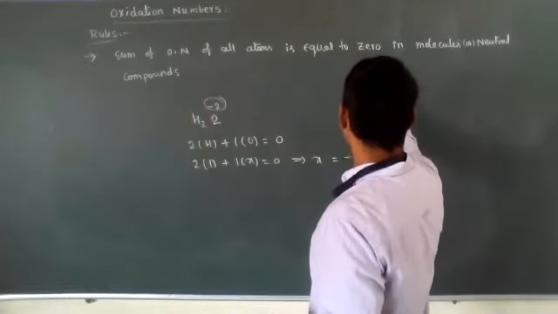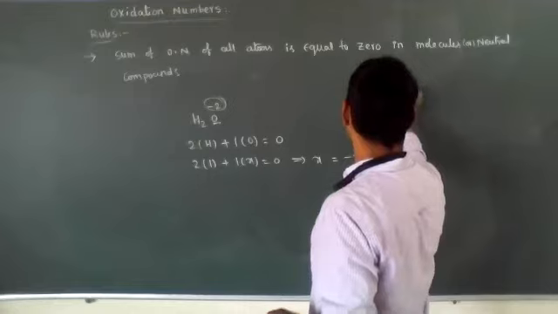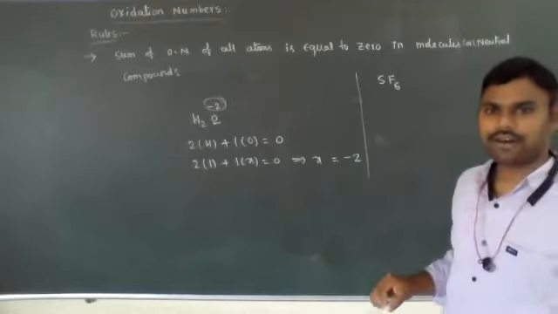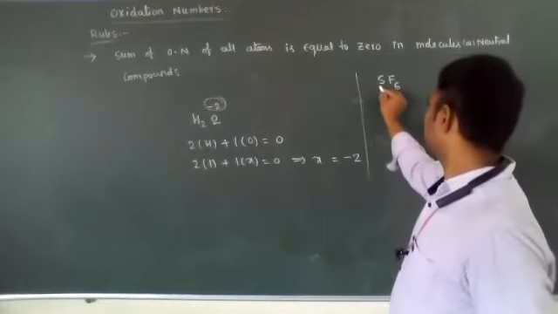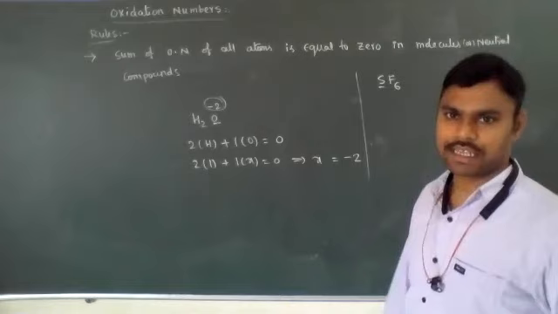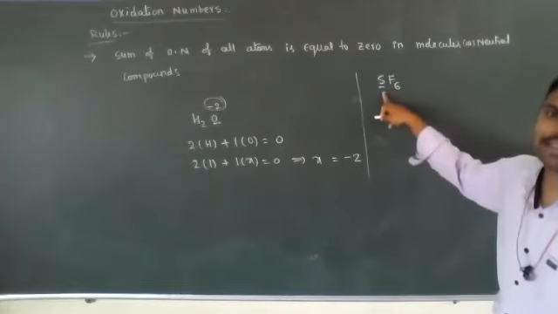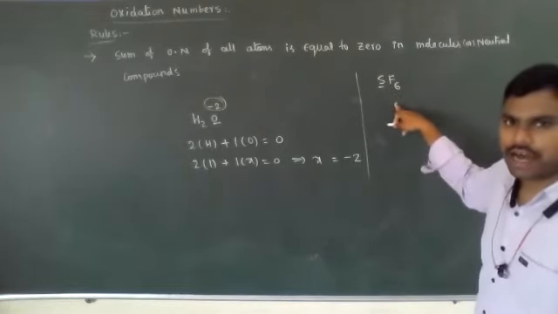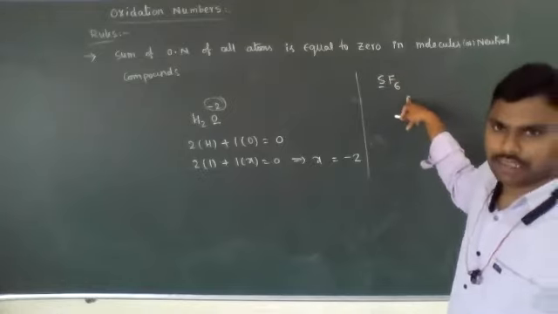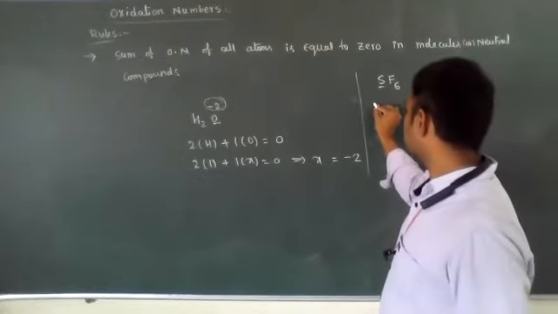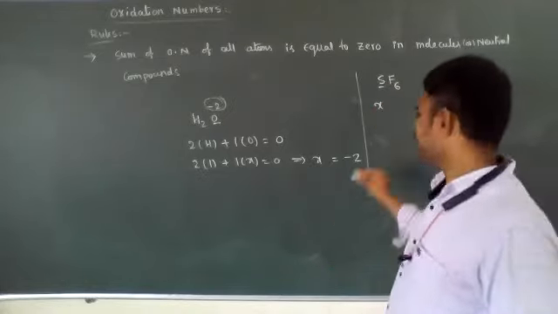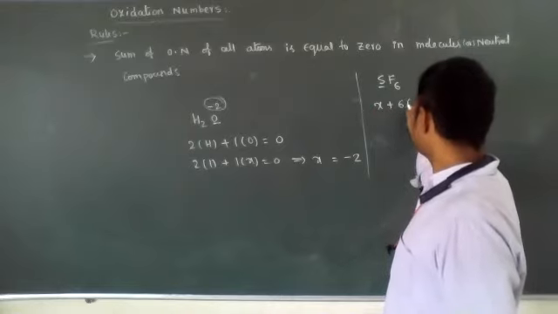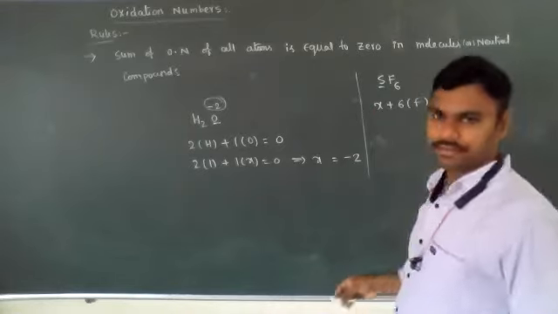See some examples. For example, SF6, sulfur hexafluoride. In SF6, I want the sulfur oxidation state. It is a neutral molecule, a compound. There is no charge. So let the sulfur oxidation number be X, plus 6 fluorine atoms are present.